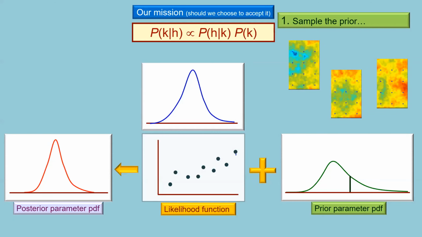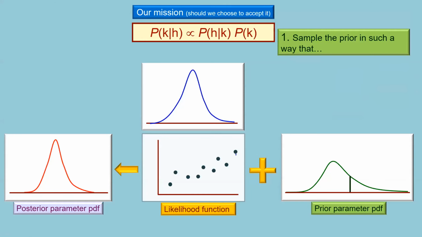So we sample the prior. We come up with a realization of a set of parameters throughout our model domain, and that set of parameters is in accordance with the prior, and it may be somewhat abstract in nature, so it can be adjusted.